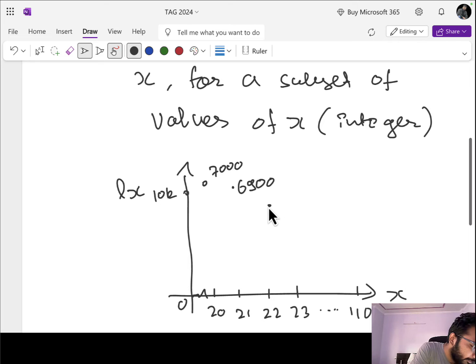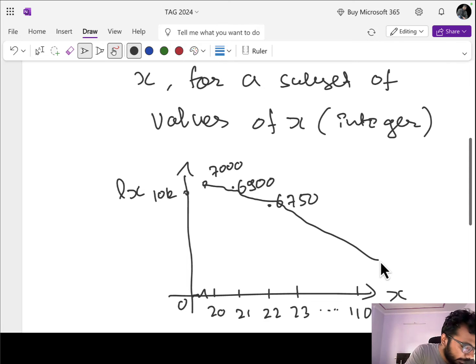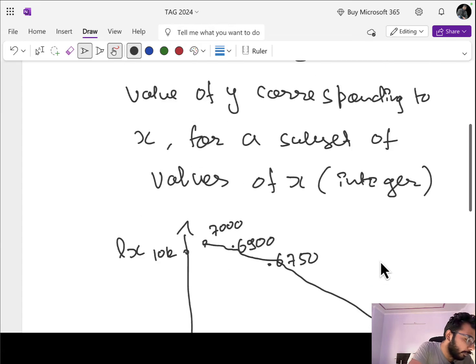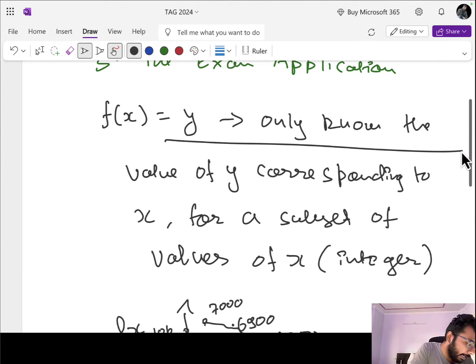Here it is 6,750 or something, and so on and so forth. So, basically what is happening is, you know that Lx is falling with age, because the number of people in your insured cohort would fall, right? But you only know it at integer ages. So, you only know y, which is Lx in this case, corresponding to a subset of values of x.